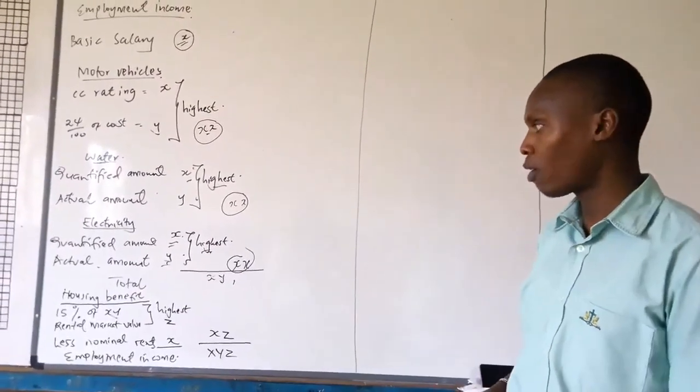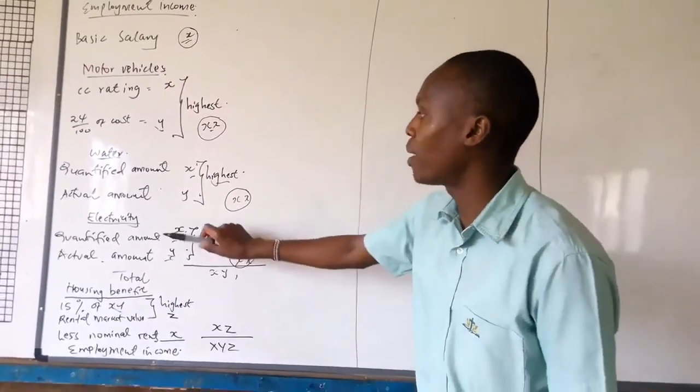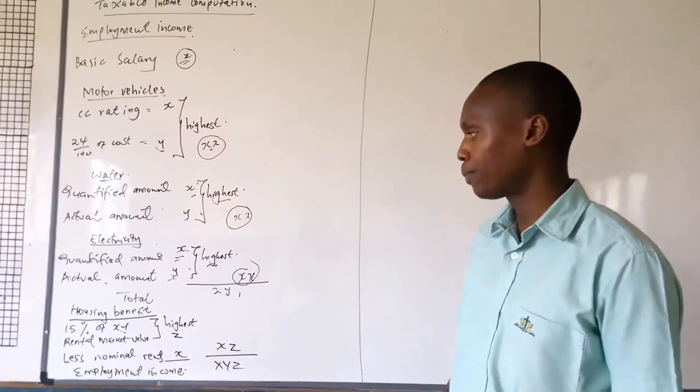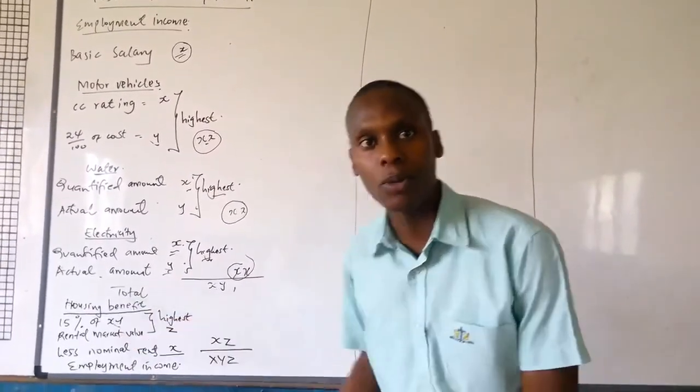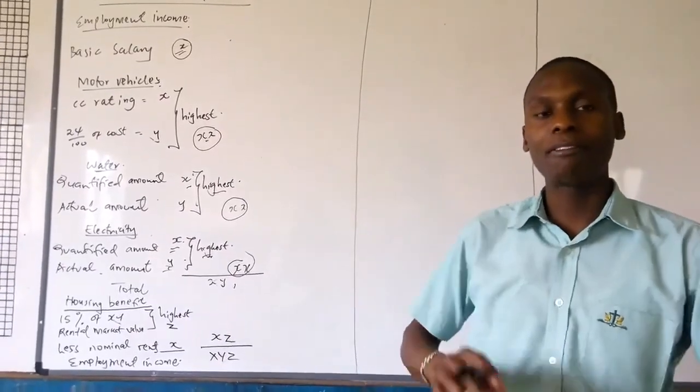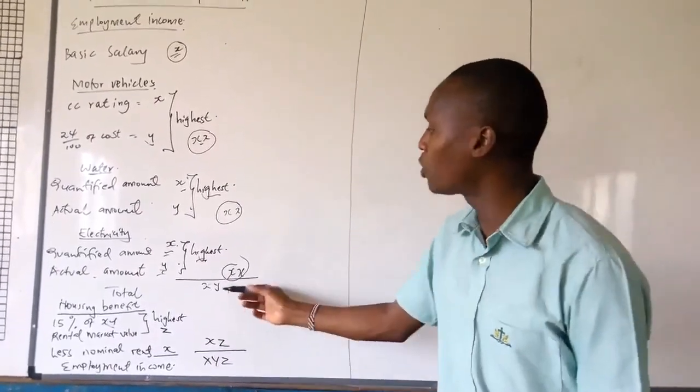This one is computed differently as compared to the electricity and the water. In the housing computation, the first step is to get the 15% of the total.